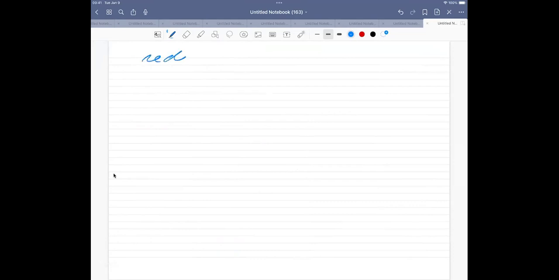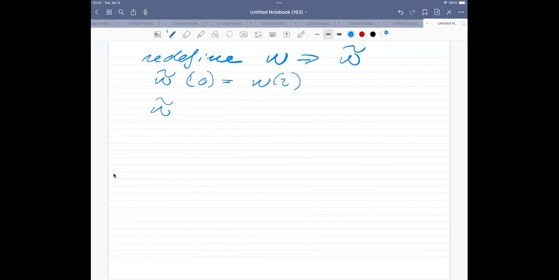if I redefine W to a vector W tilde, and then this W tilde is so defined that W tilde 0 is equal to the original one. W tilde 1 is equal to the original one which we had.